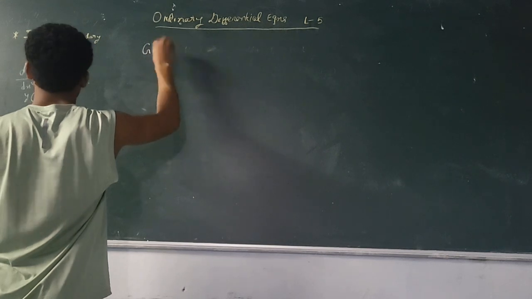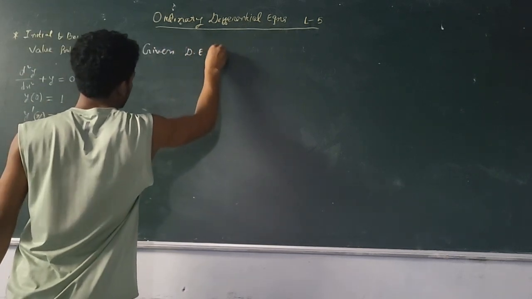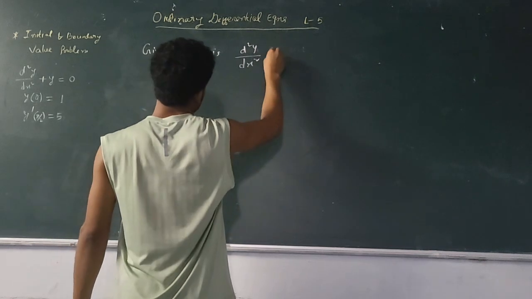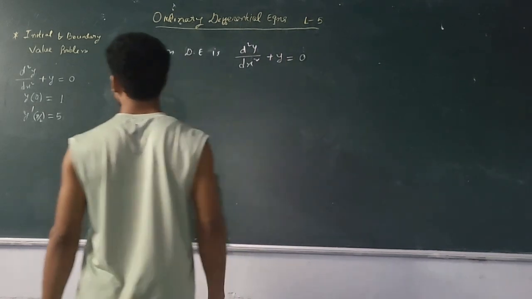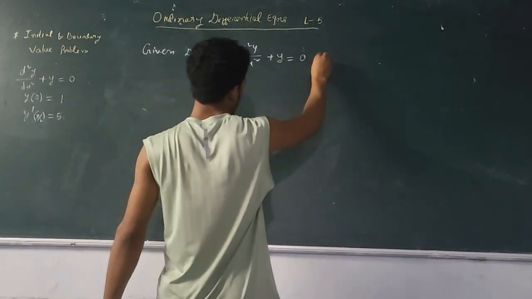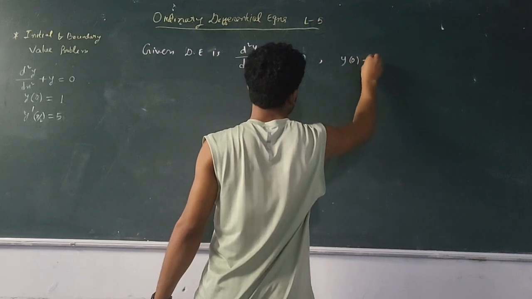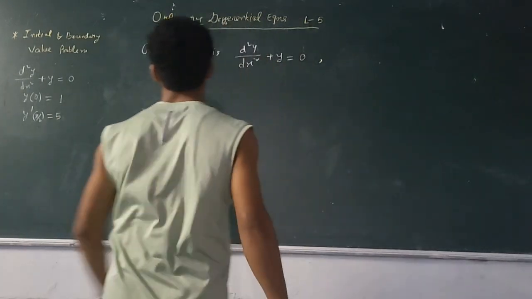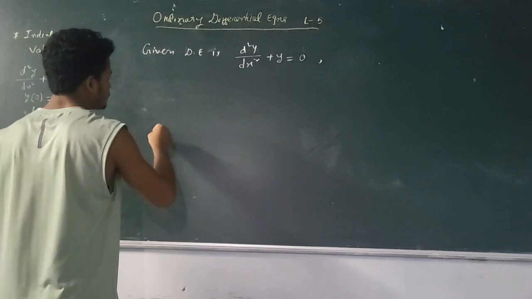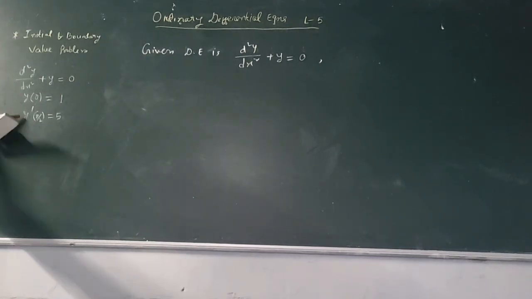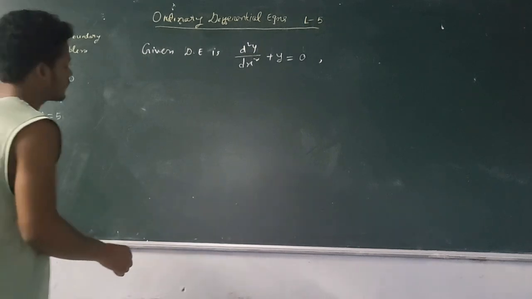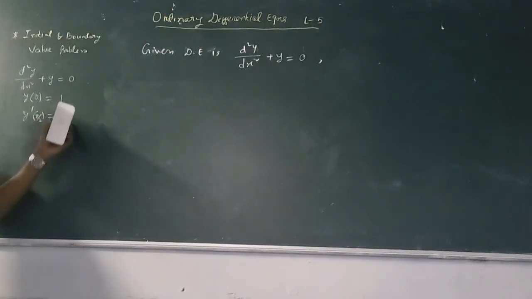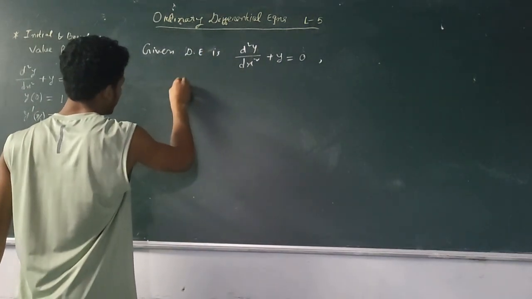The given differential equation is d square y by dx square plus y is equal to 0, and these are the conditions. Two initial conditions.